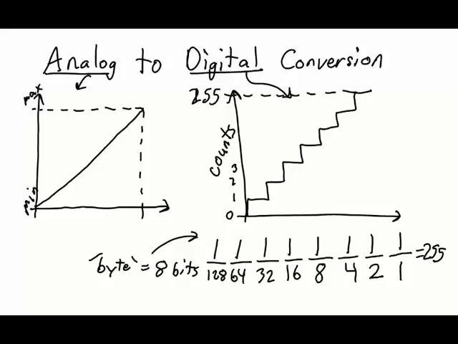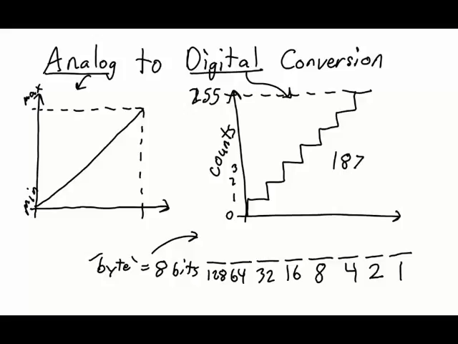For example, let's suppose that we would like to represent the value 187 using our 8-bit string. Here's how we would represent the value 187 with bits.